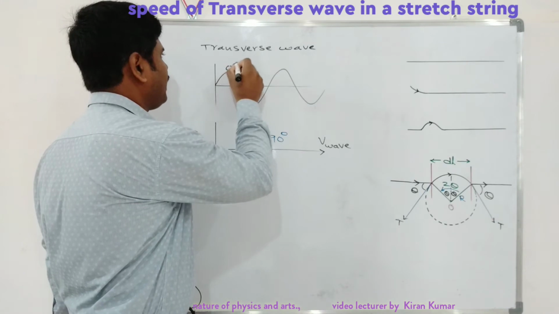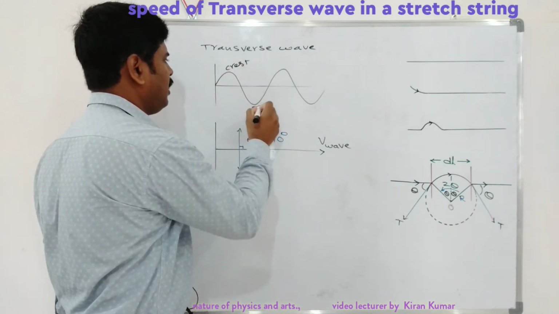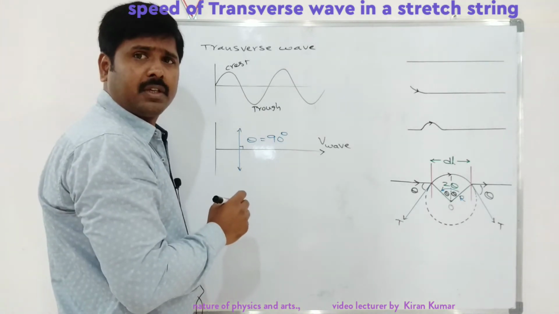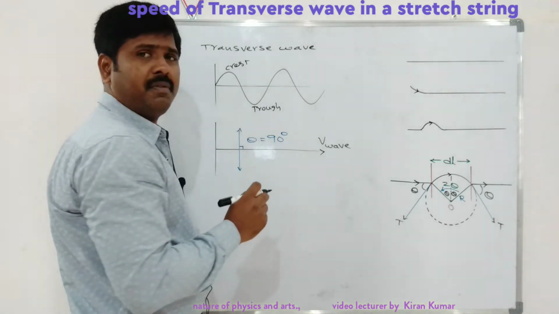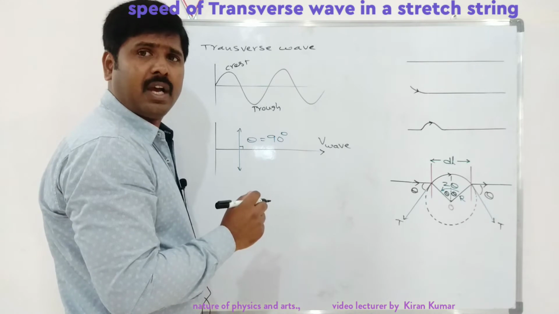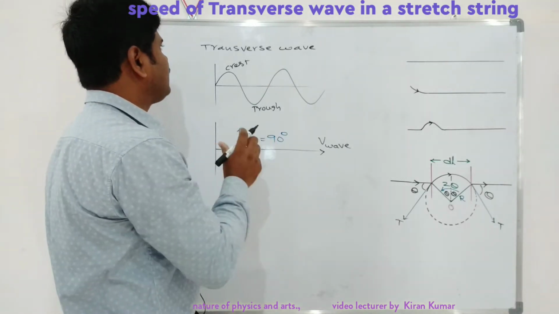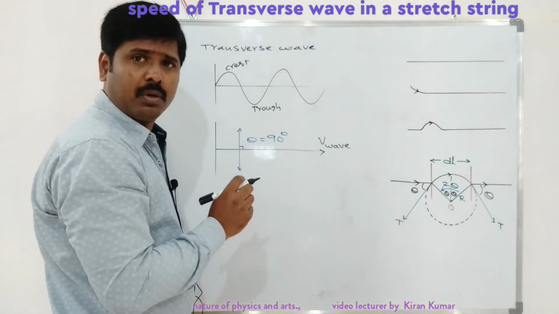This is the crest and this is the trough. So transverse waves will be formed in a stretched string and also on the surface of the water. So this is the definition of the transverse wave.